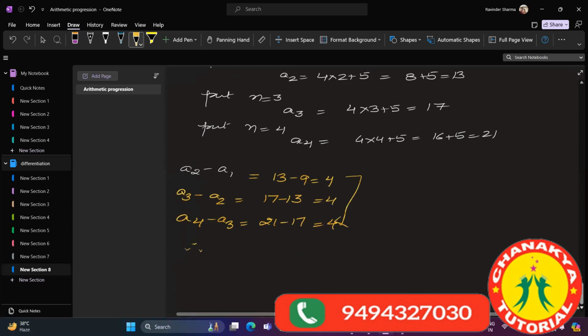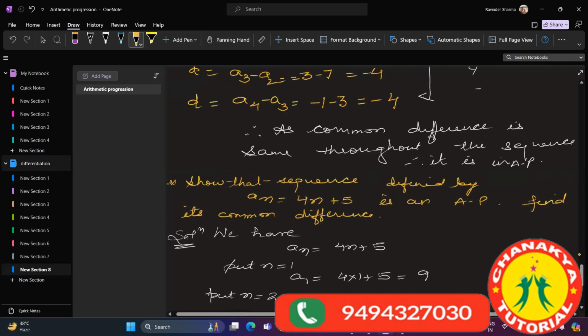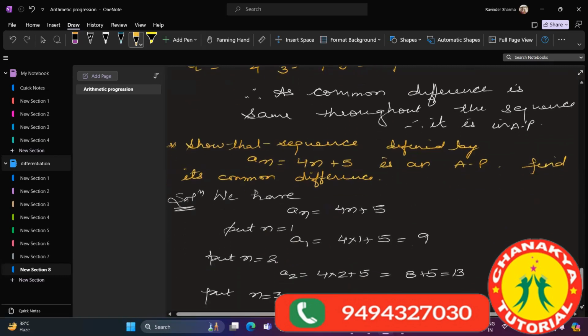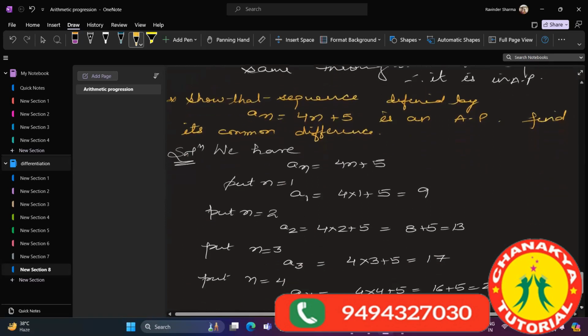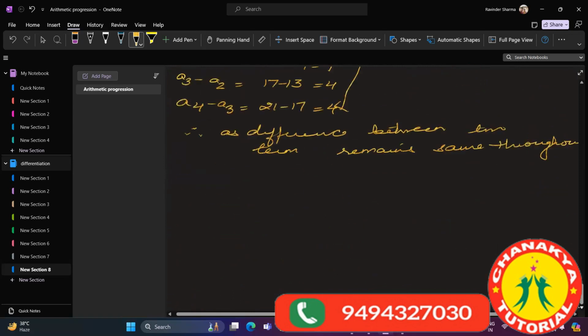So you will write: the difference between two terms remains same throughout the sequence.